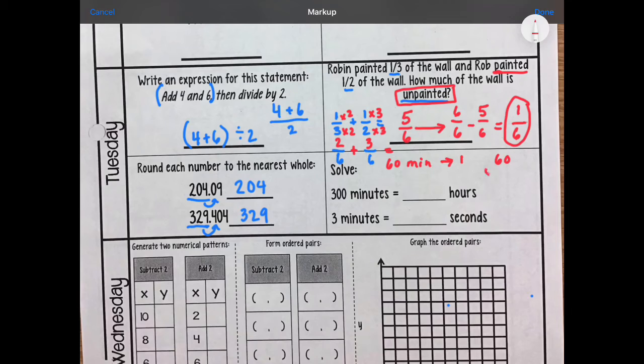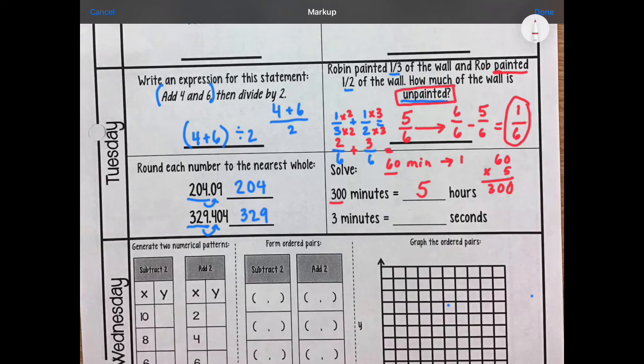If I multiply it by 5, 5 times 0 is 0, 6 times 5 is 30. So it's going to be 5 hours because 5 times our 60 minutes is going to give us 300 minutes. So just some little guess and check there.